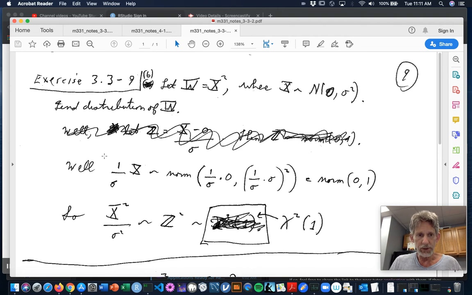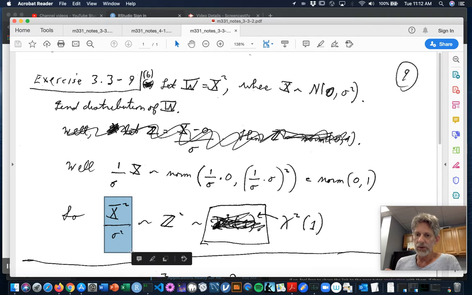Well, we do know that if we take X and multiply by the constant 1 over sigma, we get another normal random variable, and its mean would still be 0, but its variance would now be 1. Okay, so we know the distribution of something kind of close to W. We know the distribution of W over sigma squared.